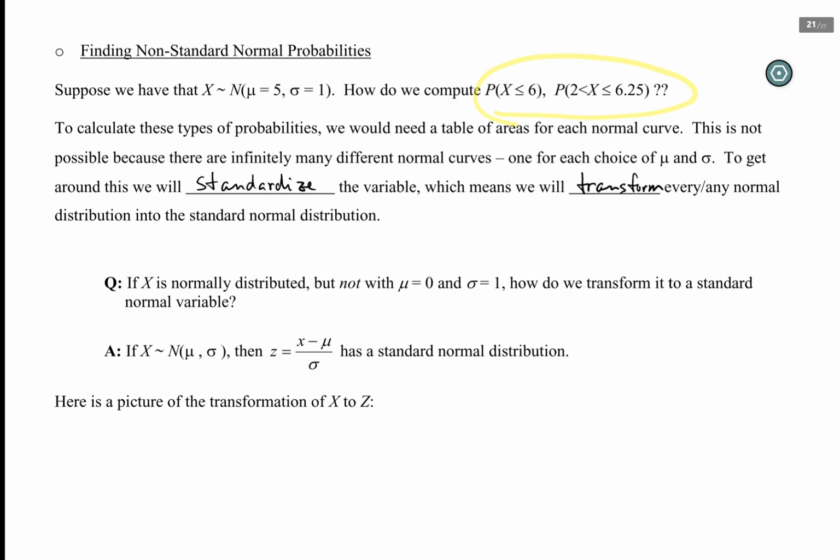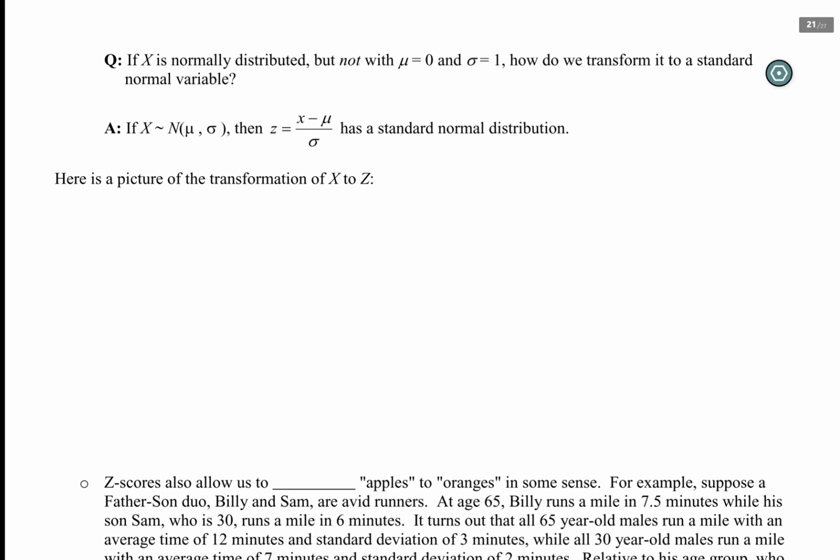So how do we do this transformation? Well, we run every x value through that formula. We take the x value, we subtract off its mean, and divide by the standard deviation. If we do that, then that transformed variable has a standard normal distribution.